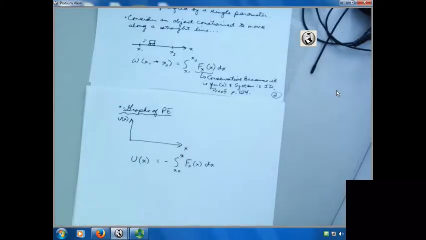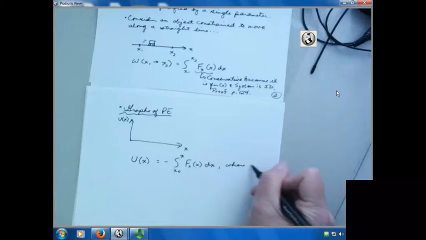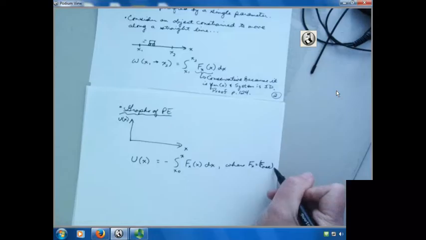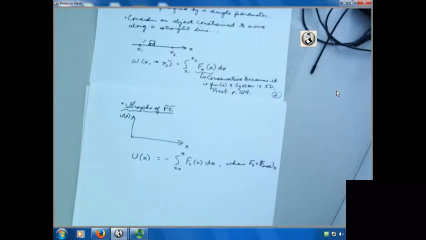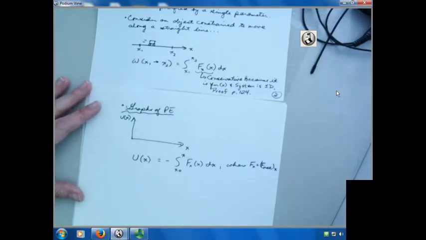All right. And for the purposes of this conversation about 1D, we're going to let Fx just be the net force in the x direction and assume that there are no non-conservative forces acting so that the system is isolated energy-wise.